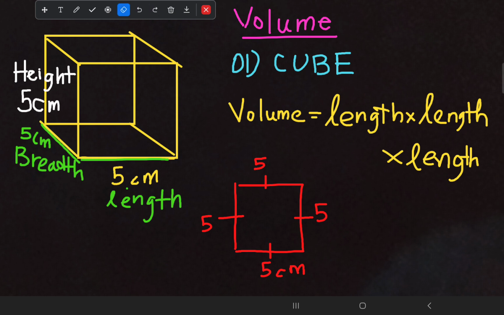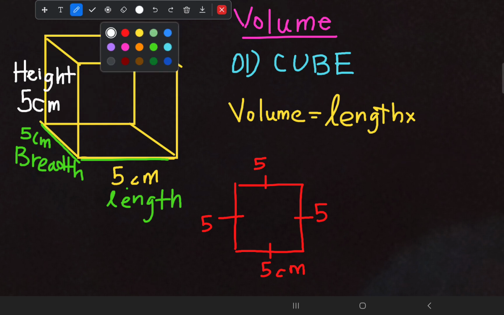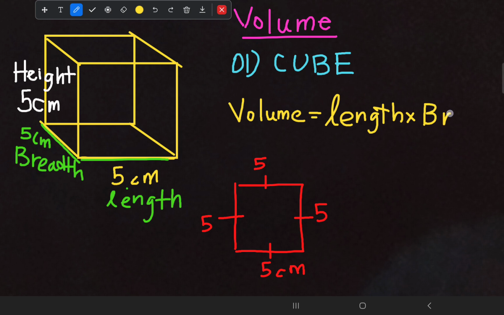To find the volume of a cube, as I explained earlier, we have to multiply length into length into length. Why is that? Because the proper formula is length into breadth into height.